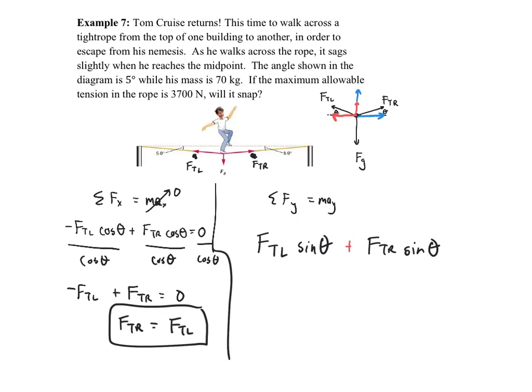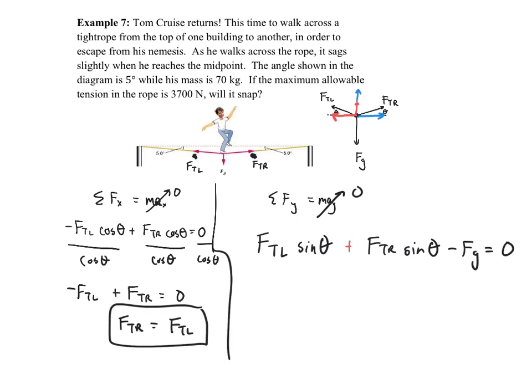And what's acting down is simply Tom Cruise's weight, minus Fg. And we're not having Tom Cruise jumping up and down on this cord, because he's already having trouble staying on the cord. So he's not going to have any vertical acceleration. So that equals 0.